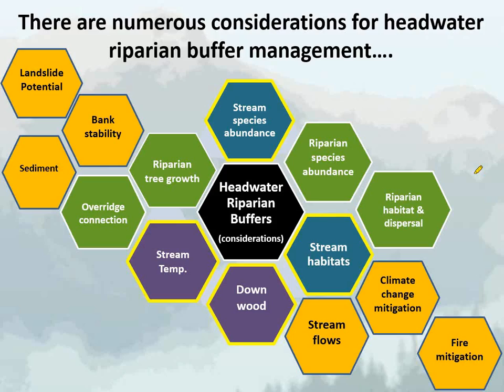So that gets us back to what are some of the considerations for riparian buffer management, because as we start to characterize each of these considerations, some of them are changing and could contribute to that ecological resilience of the system, or maybe push it over into a new domain.